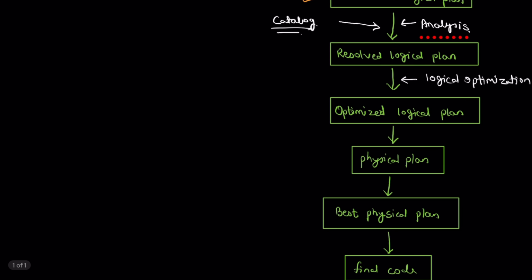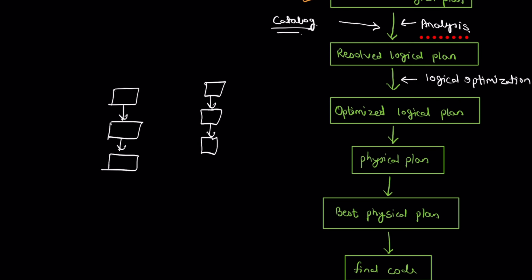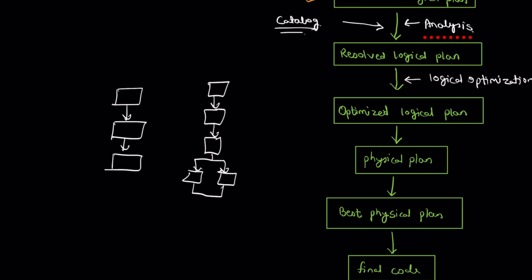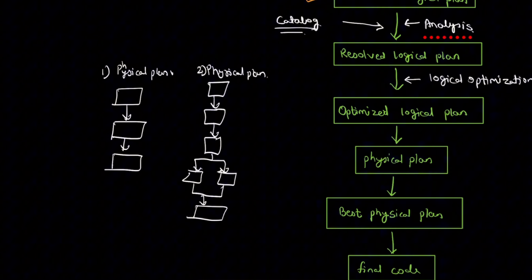So what Spark will be doing is it will be creating multiple physical plans. Let's say Spark has created two physical plans, physical plan 1 and physical plan 2. So what will be happening now is Spark will be doing cost based optimization and memory optimization.